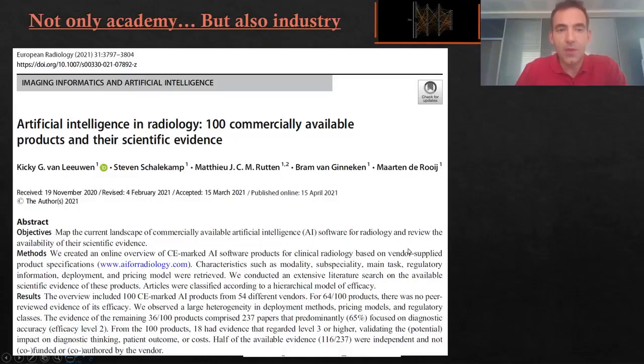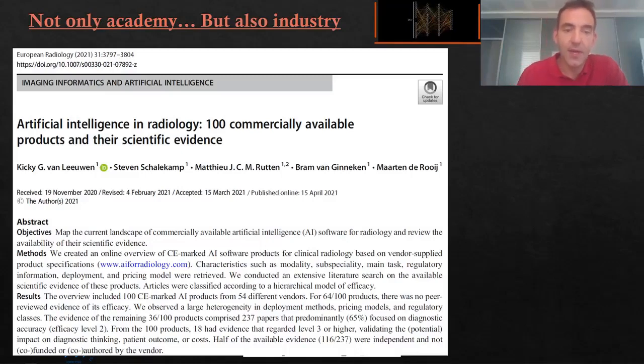Now, this problem is not really specific to academical research studies. It is also a problem for industry. And in this article, this is also a very recent article, 100 commercially available products are investigated together with their scientific evidence.